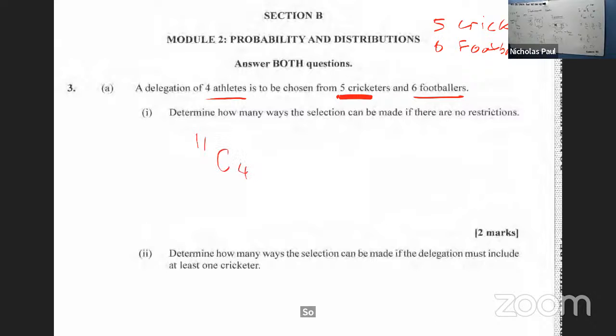No matter what you choose, you just want 4 athletes. How much is that? 330. The number of ways the selection can be made if a delegation must include at least 1 cricketer.